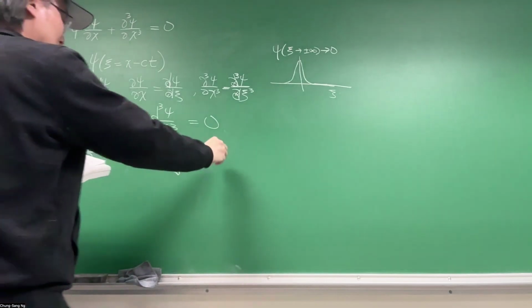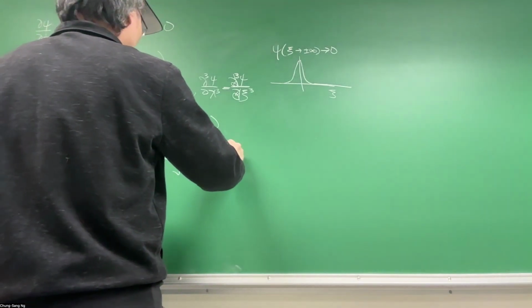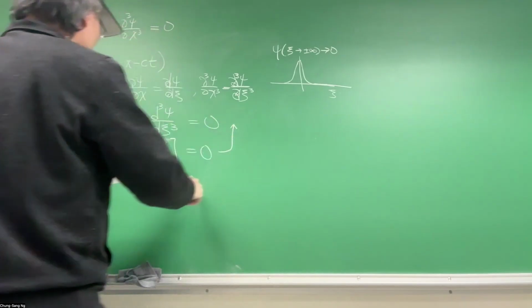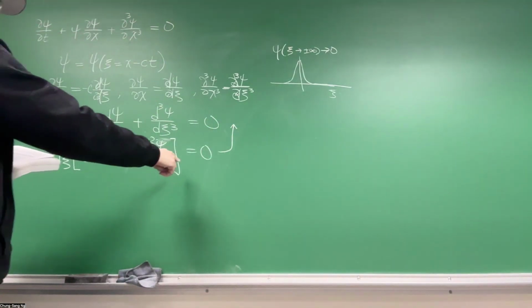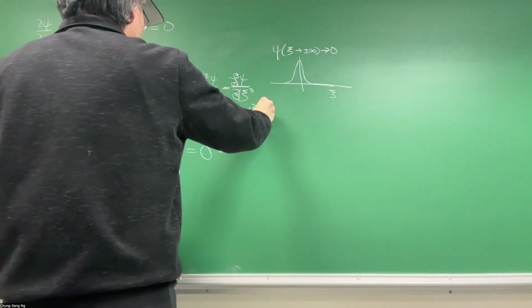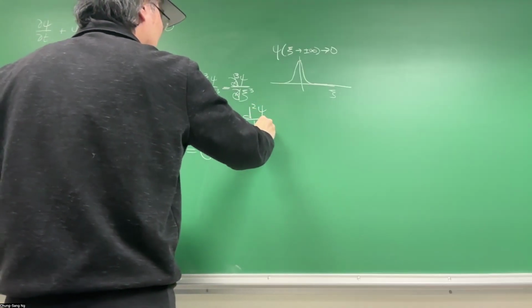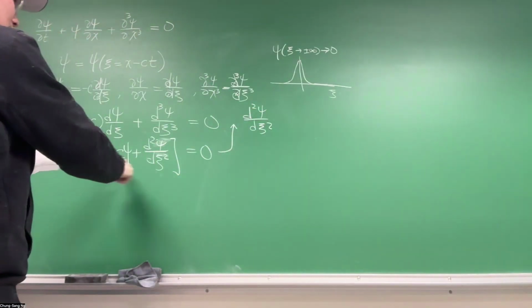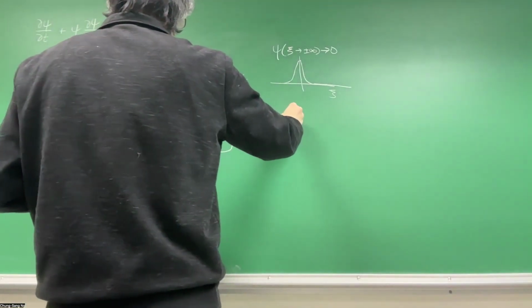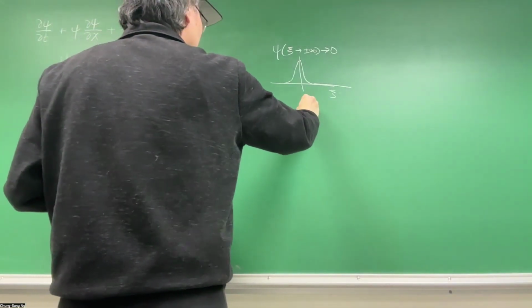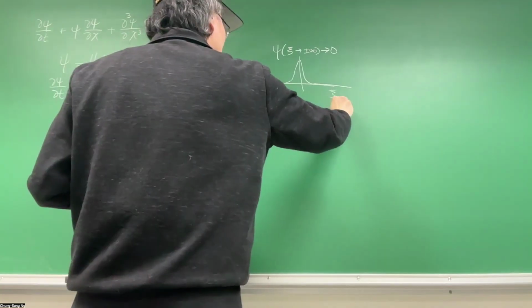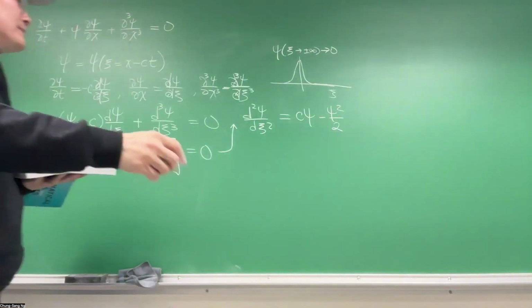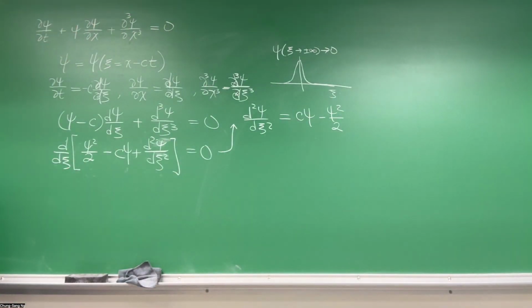So you can just immediately write down, now the differential equation becomes d²ψ/dξ² equals ξ ψ minus ψ² over 2. Right?